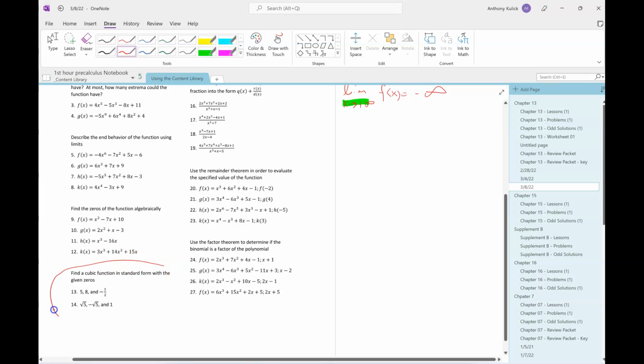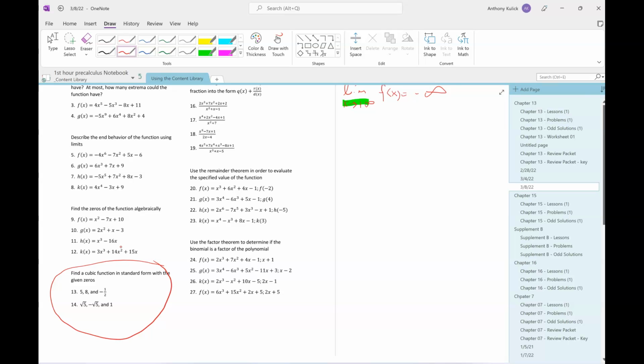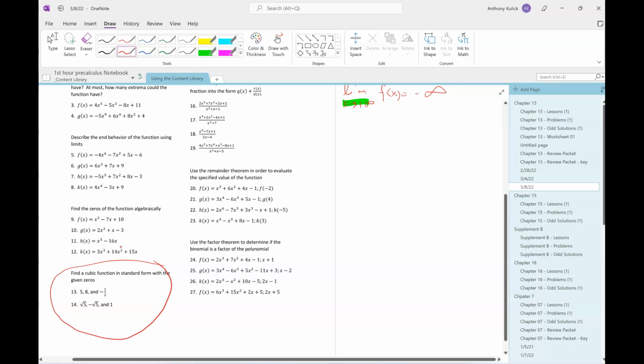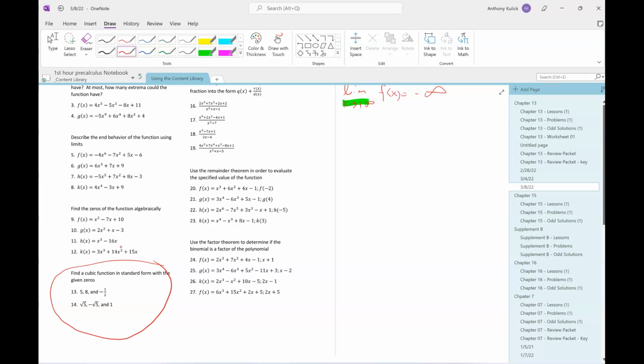We actually didn't do enough to talk about 13 and 14 yet, so you can skip those until we get a chance to do that. We will eventually do those, but the homework really should have been 9 through 12, and then 15 to 19. Did I write 13 up there, not 15?